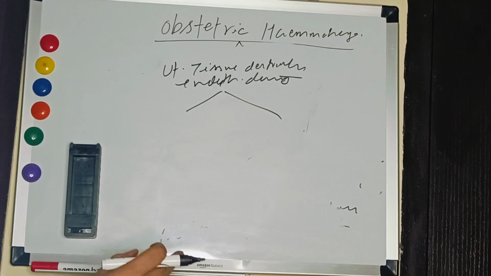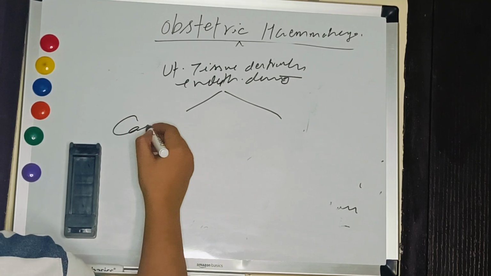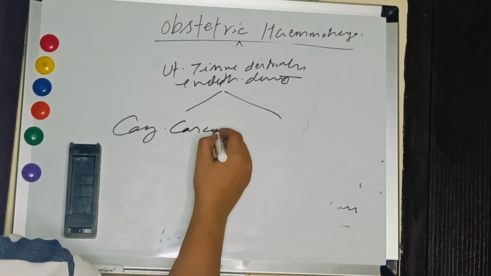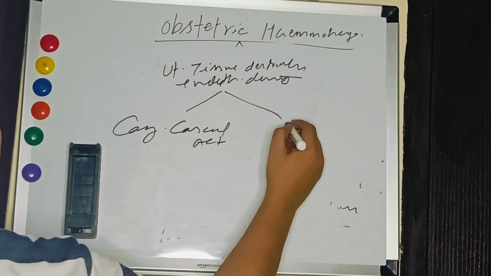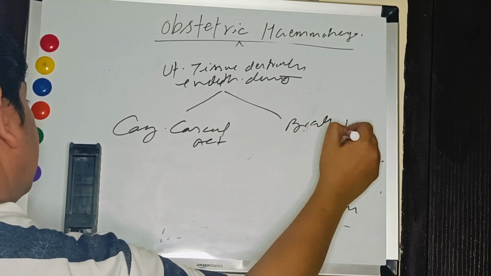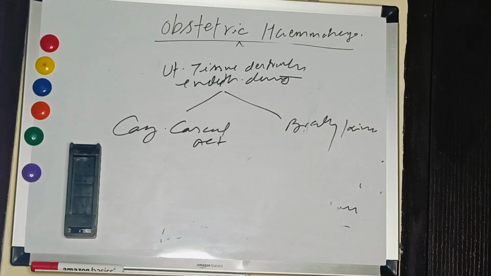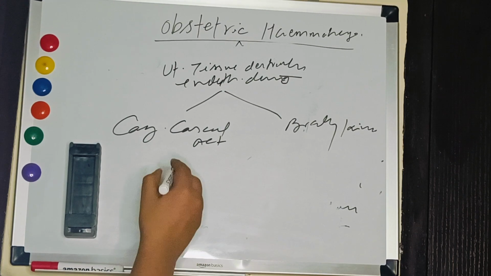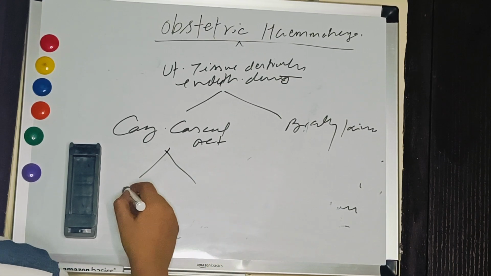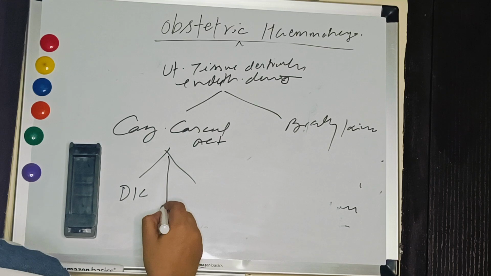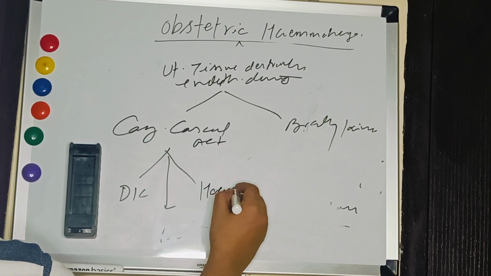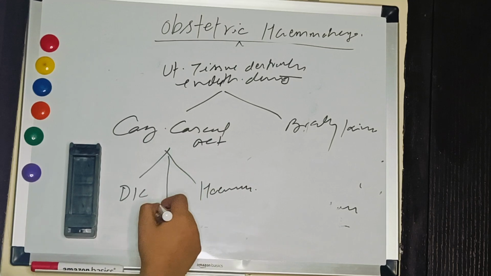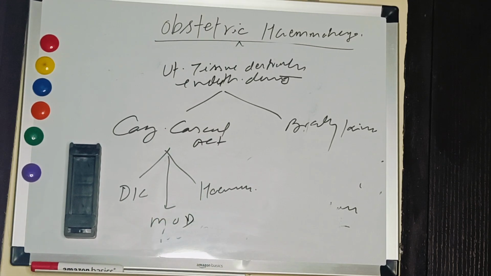One pathway leads to coagulation cascade activation, and another pathway leads to bradykinin release. The coagulation cascade pathway will lead to DIC, hemorrhage, and multi-organ dysfunction.